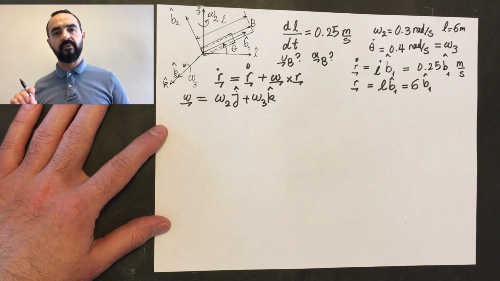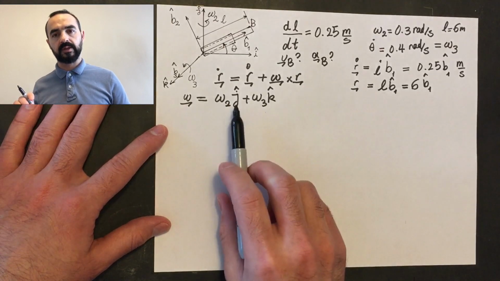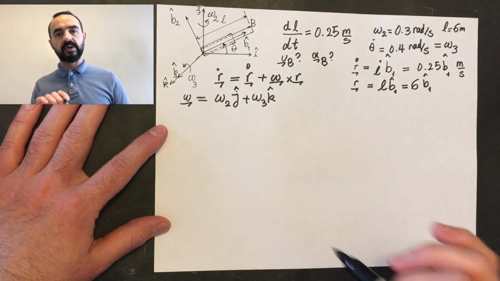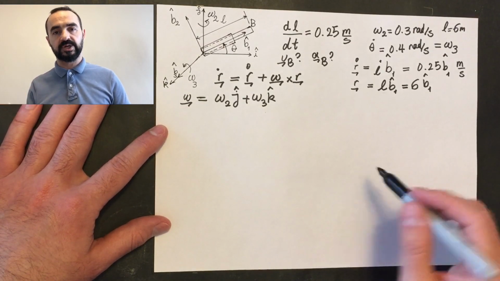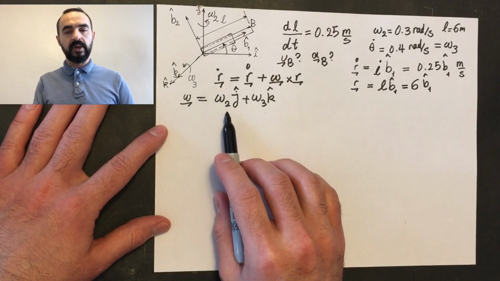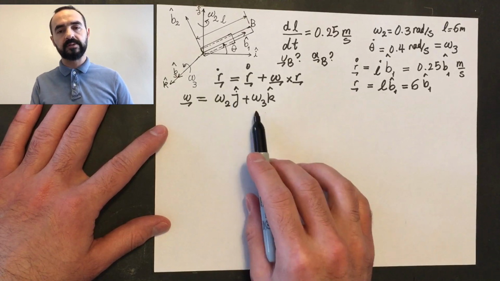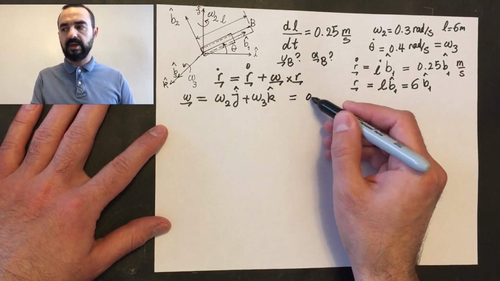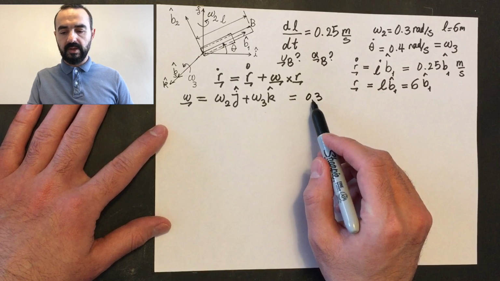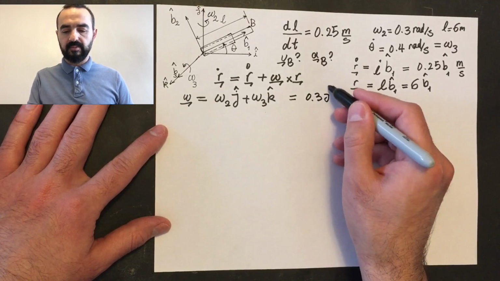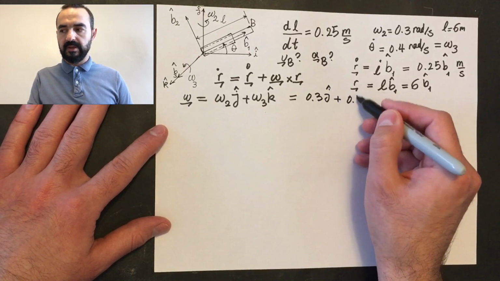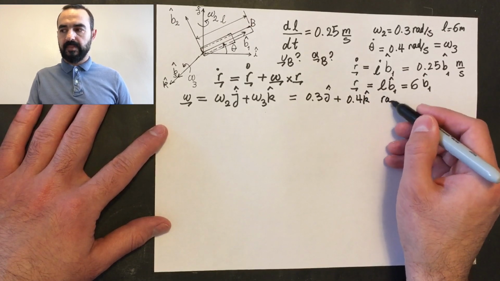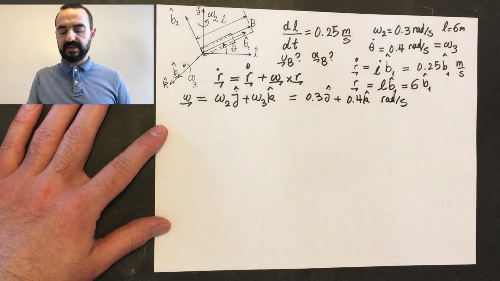To remind you from basic dynamics, these unit vectors describe the direction about which you rotate. Omega 2 describes rotation about j hat, and omega 3 about k hat. So this is equal to 0.3 j hat plus 0.4 k hat, and this is radians per second.